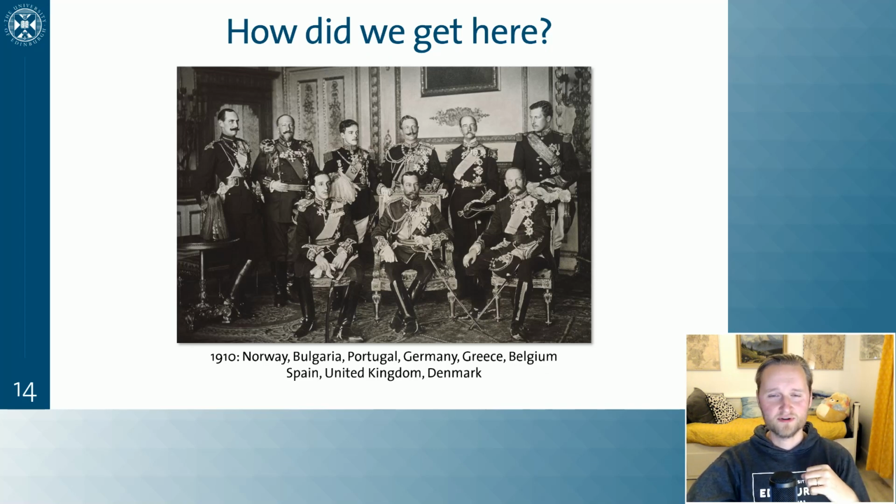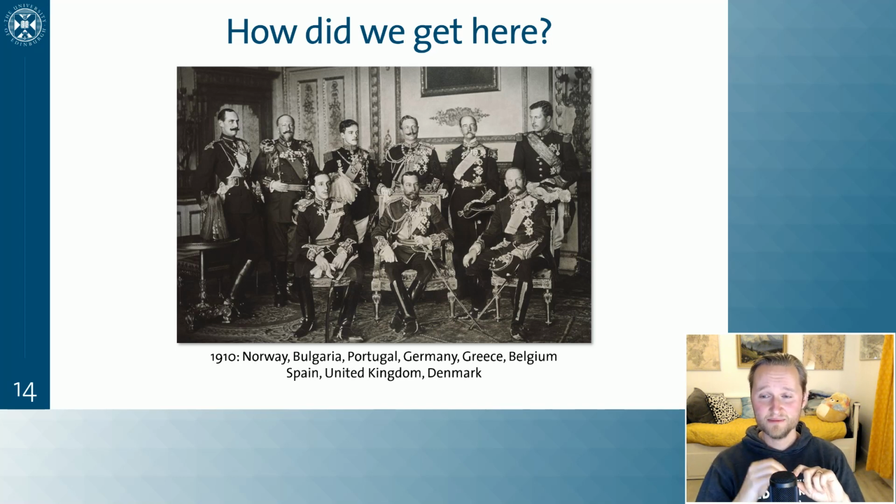This is always a photo that I find utterly fascinating, because in 1910, there was no fewer than 9 kings here. Wait, am I counting right? Yes, I'm counting right. 9 kings here that just 4 years before the First World War broke out were on good enough speaking terms that they all were in a room and took photos. And you might even see that there is a couple of slight familial similarities.